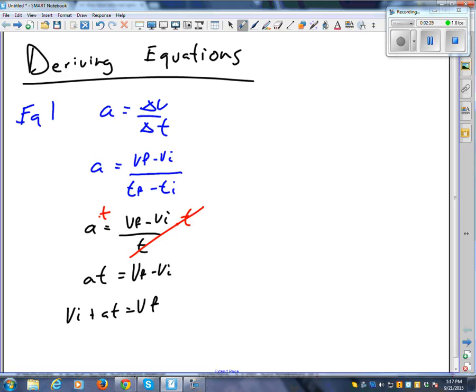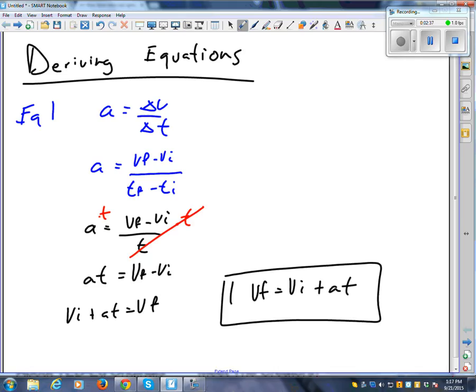And traditionally, we write it as Vf equals Vi plus AT. And I'm going to put a box around that. That is special equation number 1. Did I tell the truth? Was it a fairly easy derivation? Not too bad.